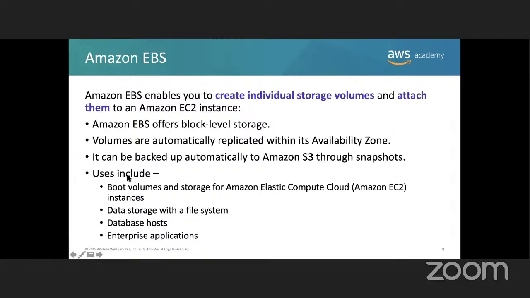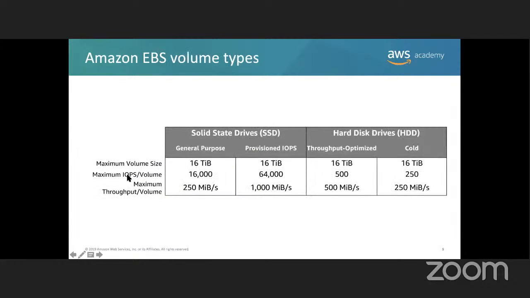Now, this is something that you guys need to remember: the types of volumes. We have 2 types, solid state drives and hard disk drives, also known as SSD and HDD.